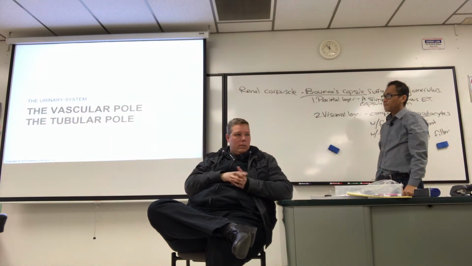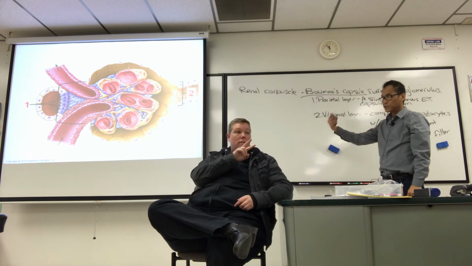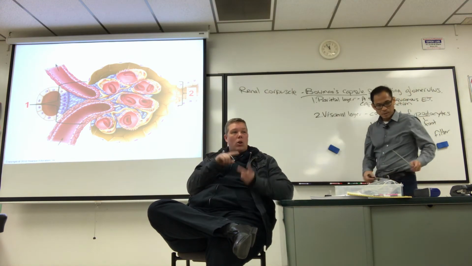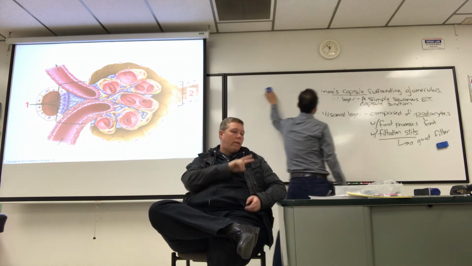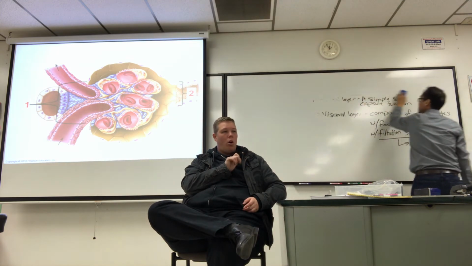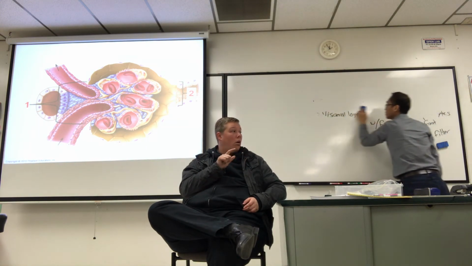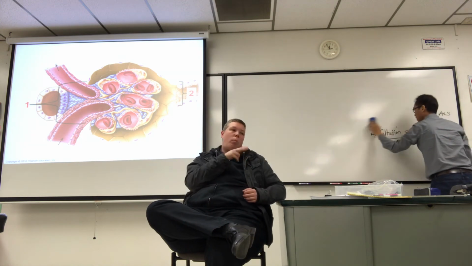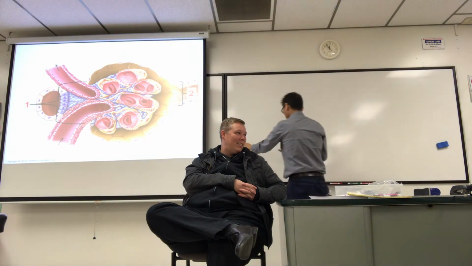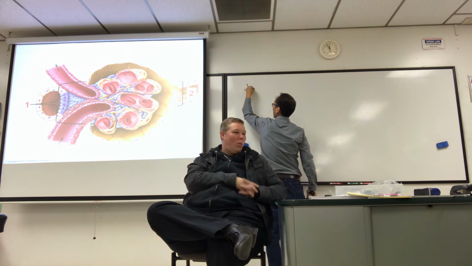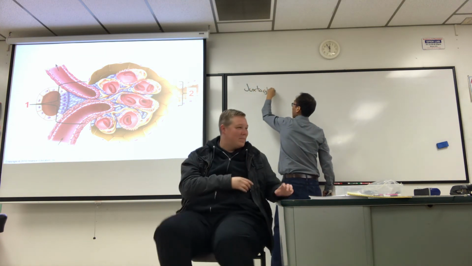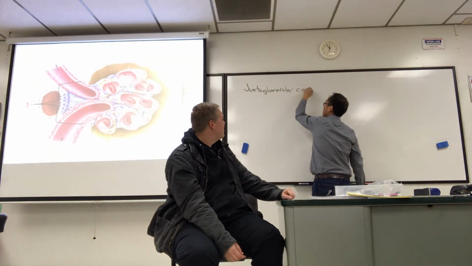And so these terms come about, vascular pole and tubular pole, when you look at this corpuscle structure. Number 1 on this figure, we call this the juxtaglomerular complex.